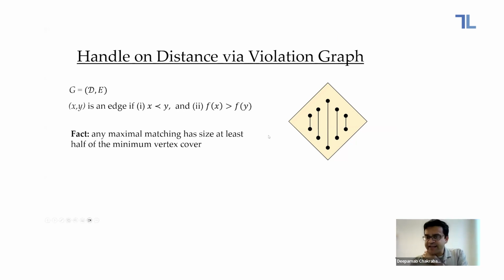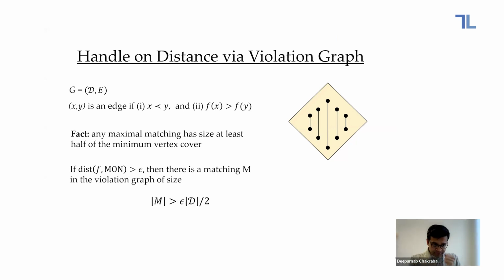So what one can conclude, and this is the important takeaway, is that if a function is far from monotone, if the distance to monotonicity is at least epsilon, then there is a vertex cover of size epsilon times the size of the domain, which means that there is a matching in this violation graph of size at least epsilon times the domain size by 2. Okay.